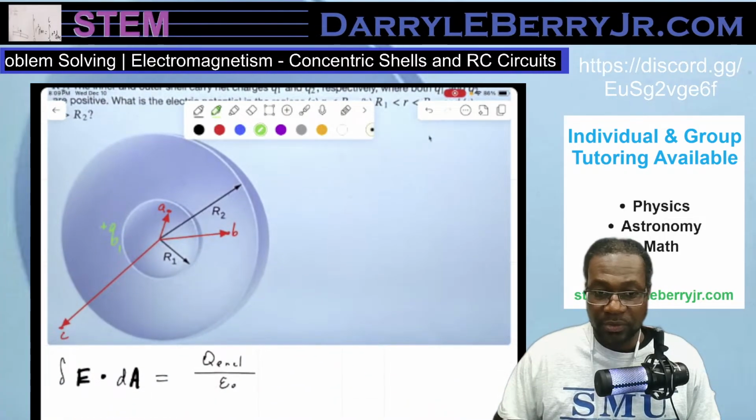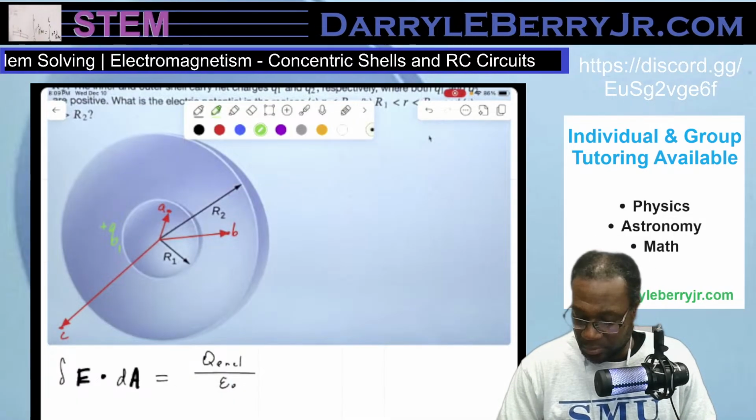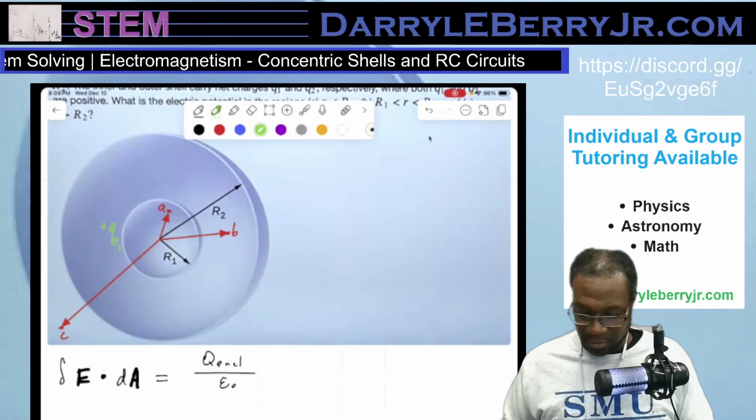Oh, did y'all see that? That's the only thing about this layout. Sometimes when I scroll, I have to remember to adjust.